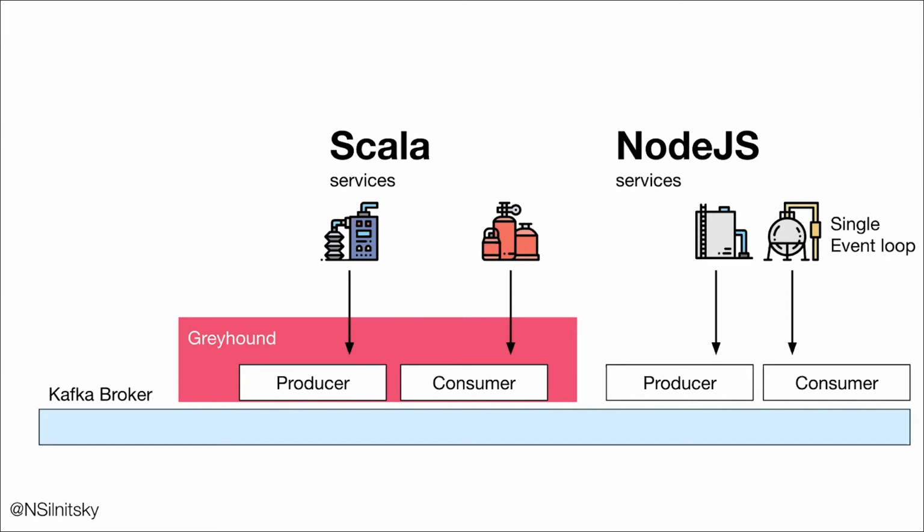So the Node.js platform team created a Grey Node, which they based on some JavaScript Kafka library, but it really wasn't an optimal solution. It's a quite buggy library, and they needed to keep catching up to what we did in Greyhound. So this really wasn't optimal.